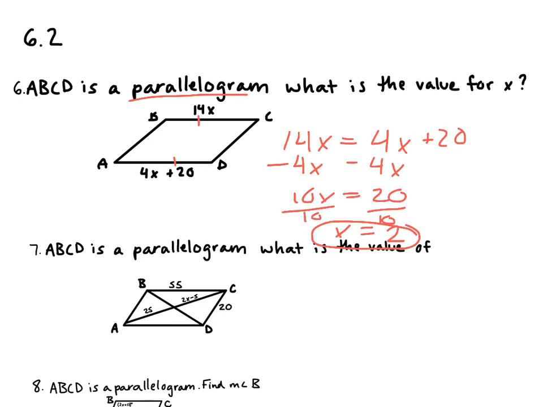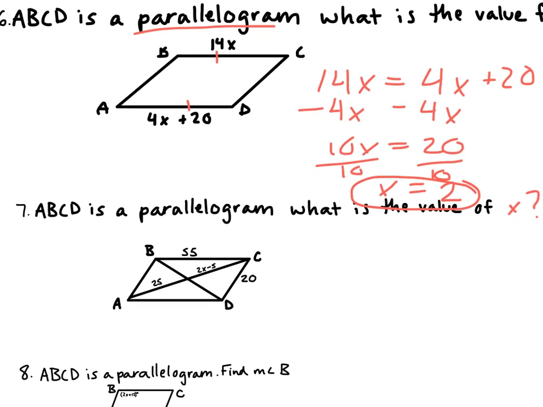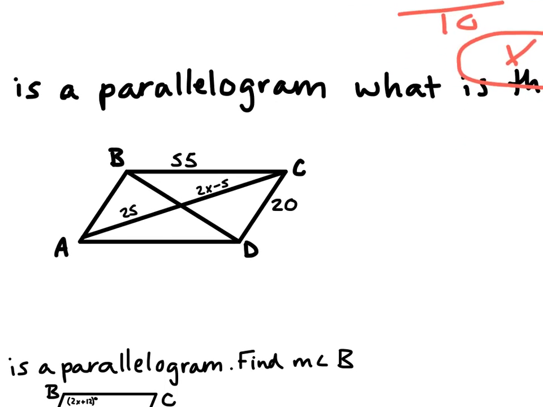All right, number 7, ABCD is a parallelogram. What's the value of x? How do we find x here? Set what equal to each other? Right, because we know that the parts of the diagonal are going to be equal.